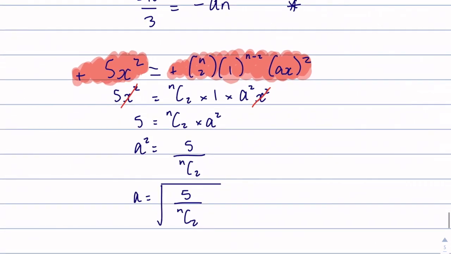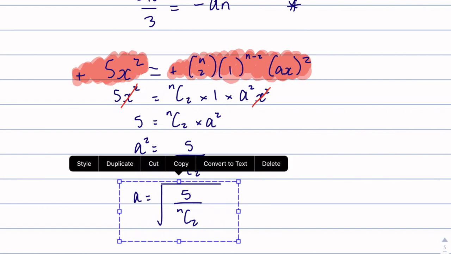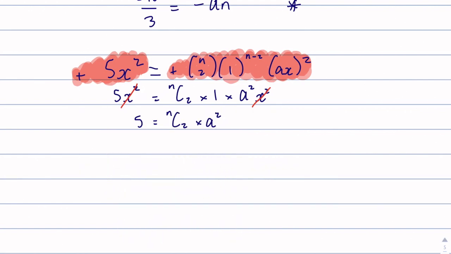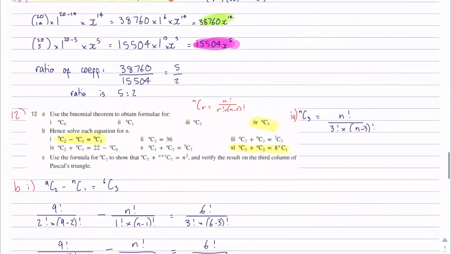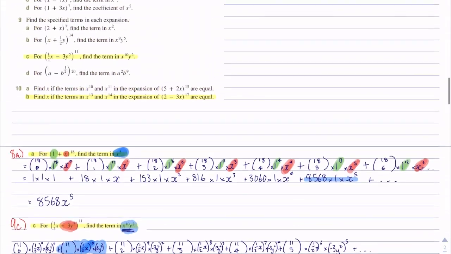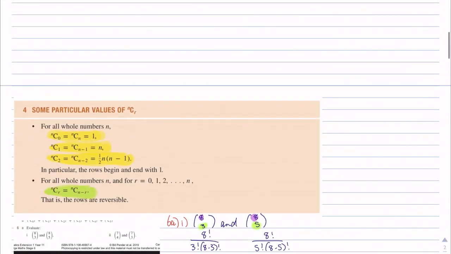No, that's totally got to be the hardest way. I remember seeing some kind of rule for nC2. Here it is.